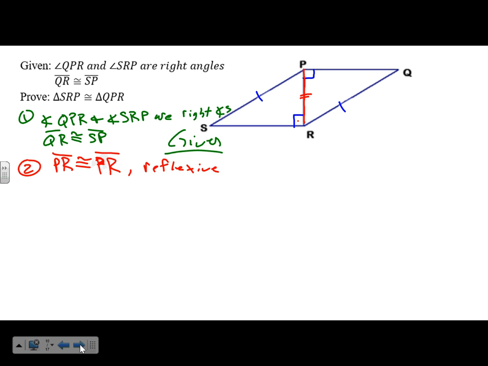So that means I know that triangle SRP is congruent to triangle QPR by the hypotenuse leg. Again, we know they're right angles. They said that. We have the hypotenuse. Now we have a leg. That's the 3 parts of information we need.